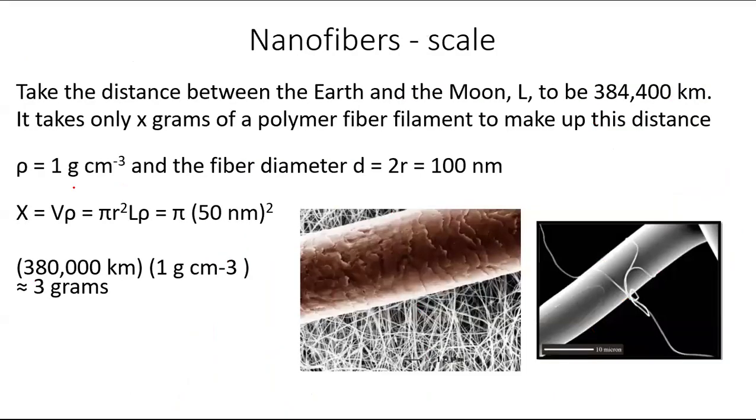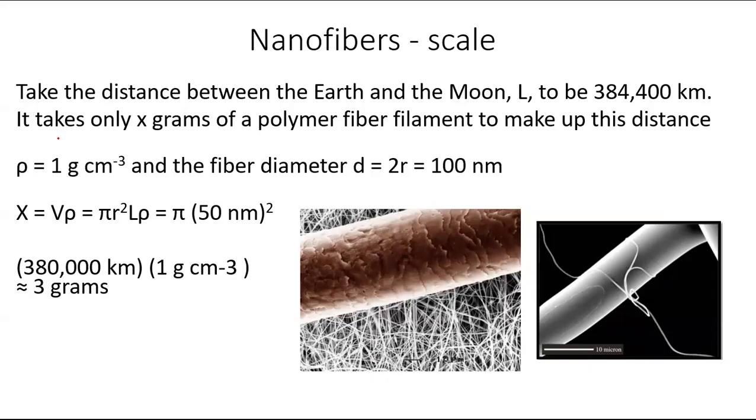Okay, so let's first try to get a feeling for the nanofiber scale. We all know it can be categorized as a one-dimensional nanomaterial. So the diameter is in the nanoscale, but for you to understand the gravity of this nanoscale with the nanofiber, I have taken a very interesting example here.